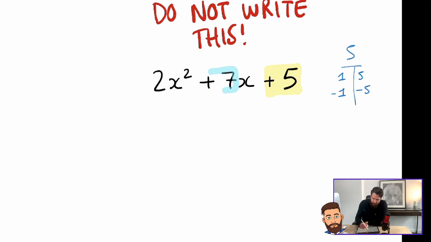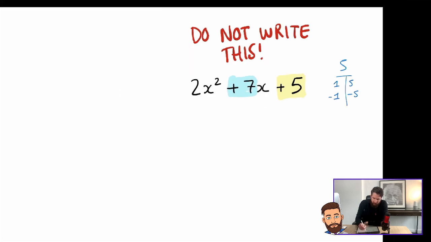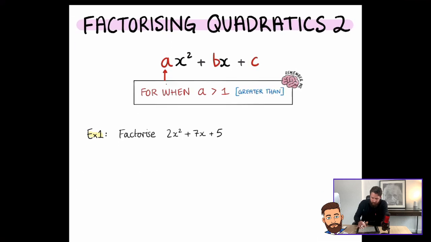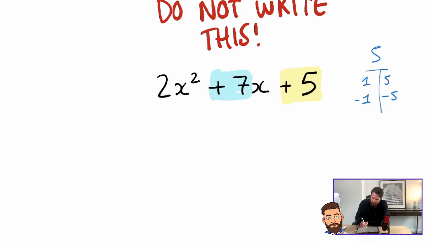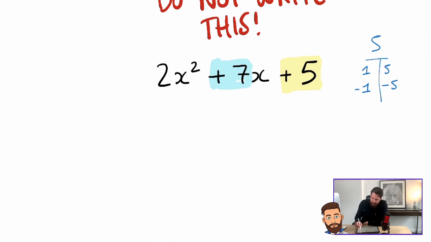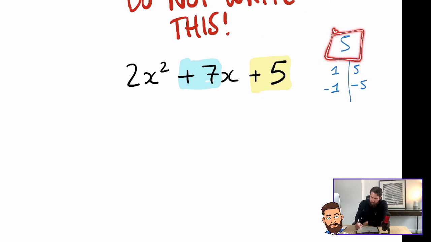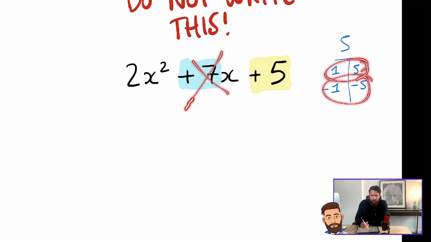As I said earlier, I'll be referring to these a, b, and c numbers, or integers. We're looking for two of our factors that add to make 7. Well, 5 is a prime number, so the only thing that makes 5 is 5 and 1, or minus 1 and minus 5, because two negatives make a positive. None of those add to make 7. So that method that we learned last lesson does not work here.